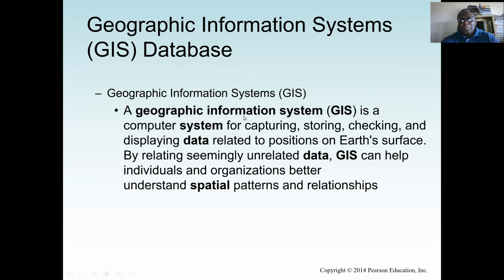By relating seemingly unrelated data, GIS can also help individuals and organizations better understand spatial patterns and relationships. So a geographical information system database normally stores data that are related to geographical information, or I would say the Earth's surface, basically related to spatial data also.